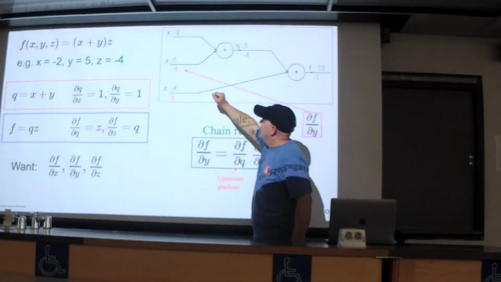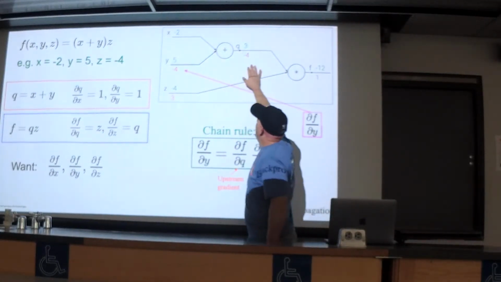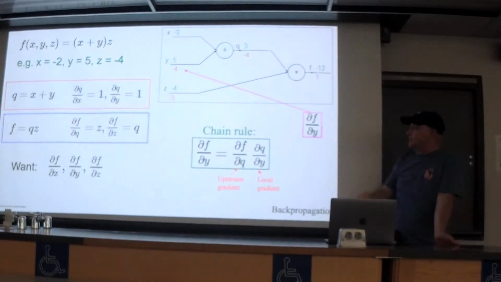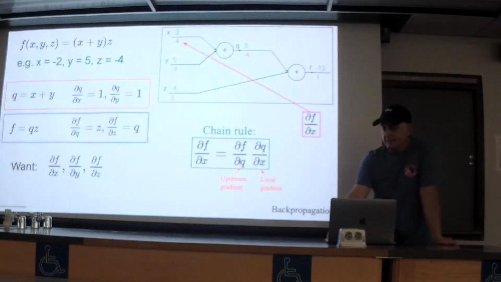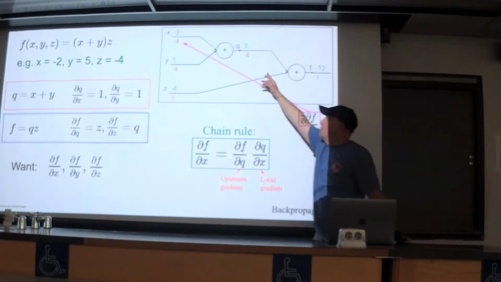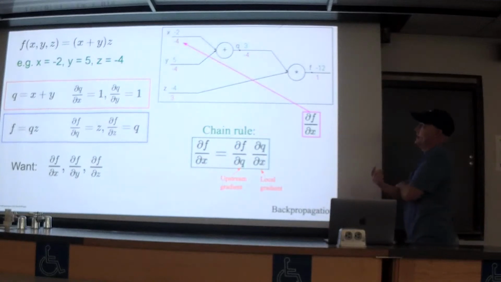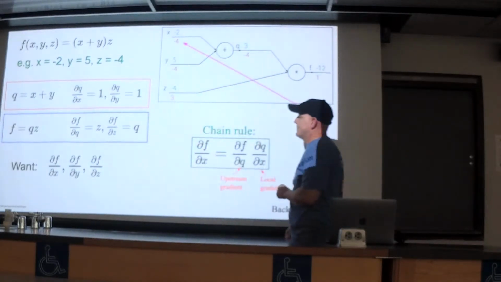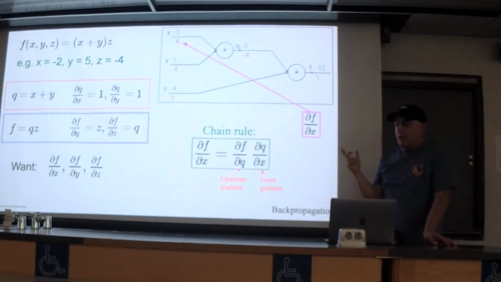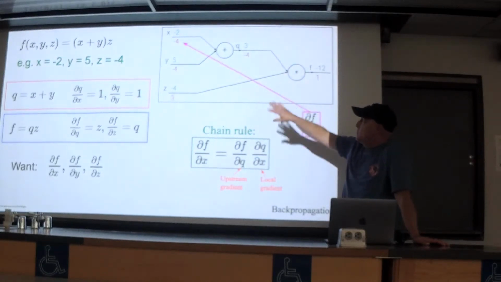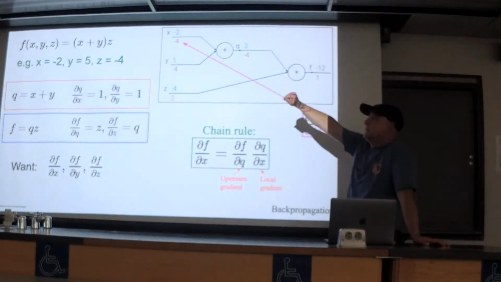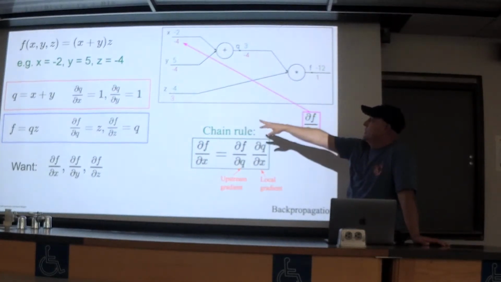So when I multiply these two things together, 1 and -4, I get -4. And similarly, because this is still -4, and the partial of q with respect to x is also 1, we multiply those two things together, and we see this is -4. So we now know, at least at these values of x, y, and z, what the partial derivatives of our output are with respect to our inputs. They're -4, -4, and 3.